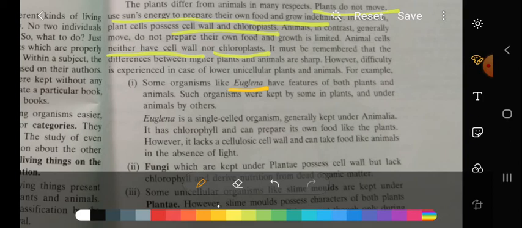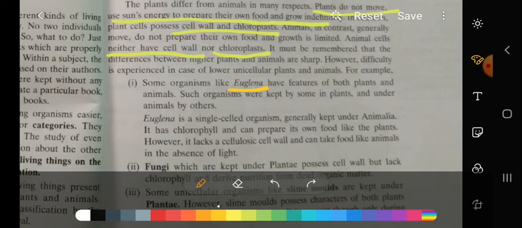Now Euglena is a single celled organism generally kept under Animalia. It has chlorophyll and can prepare its own food. Now when they are making their own food, and they have chlorophyll, then they show characteristics of plants.